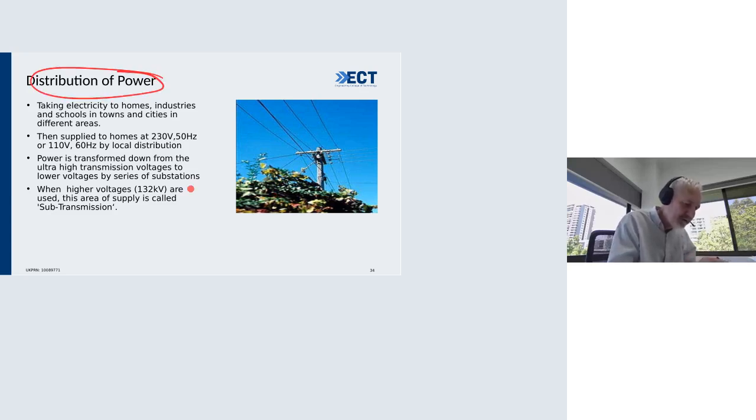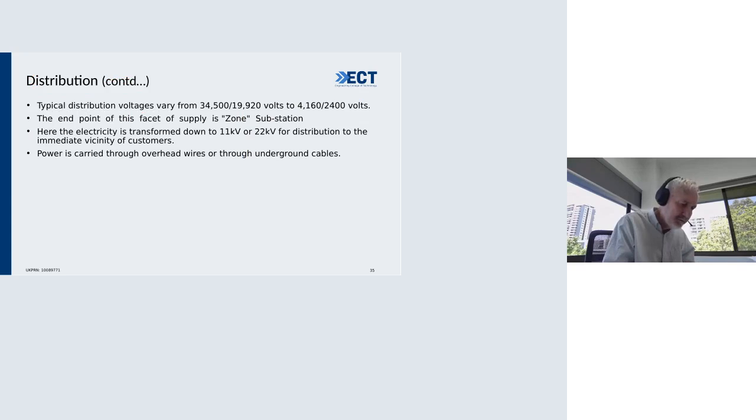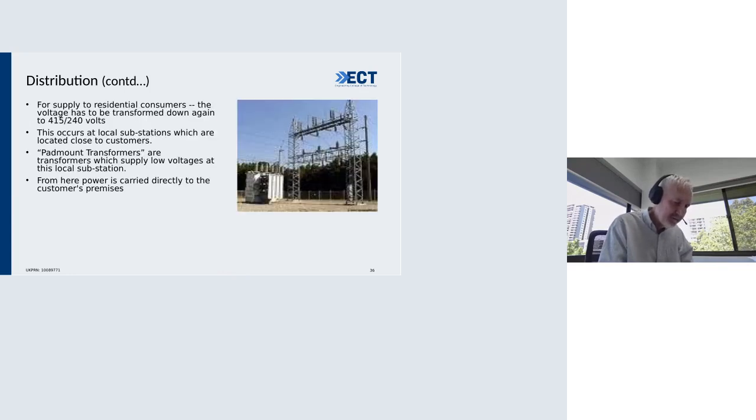Distribution of power is the next issue. So you go transmission, and you could also have 132 kilovolts, which is sub-transmission, but generally quite a lot lower voltages. And typically 33 kilovolts, 22 kV, 11,000 volts, very easy to transmit power.